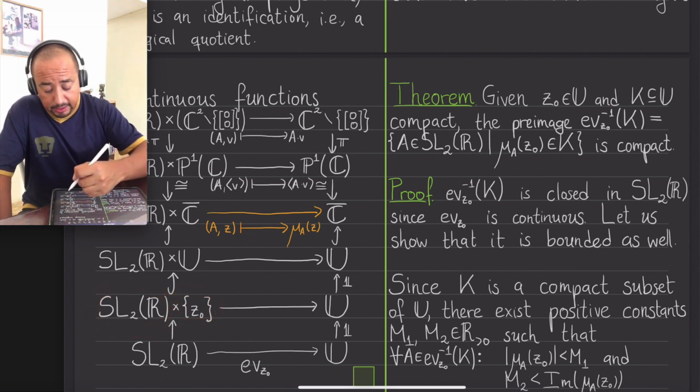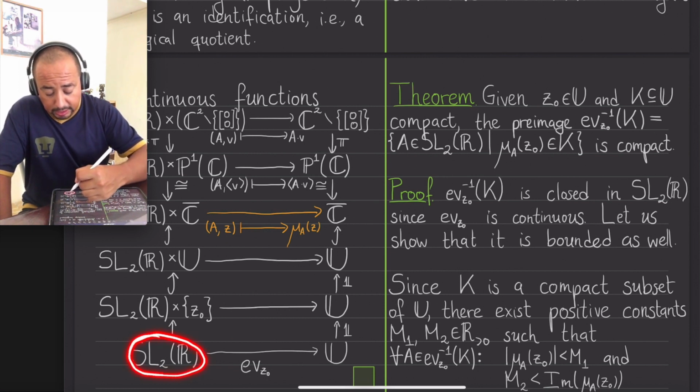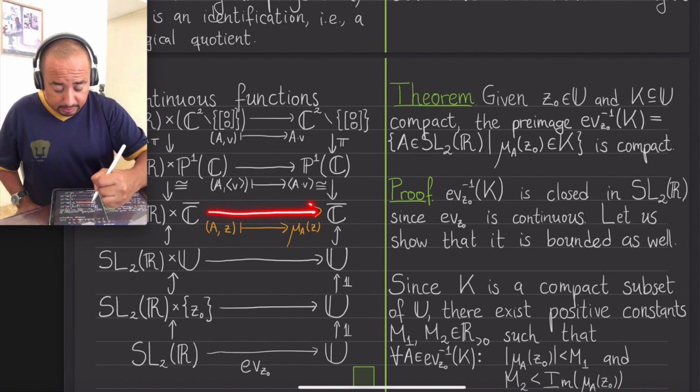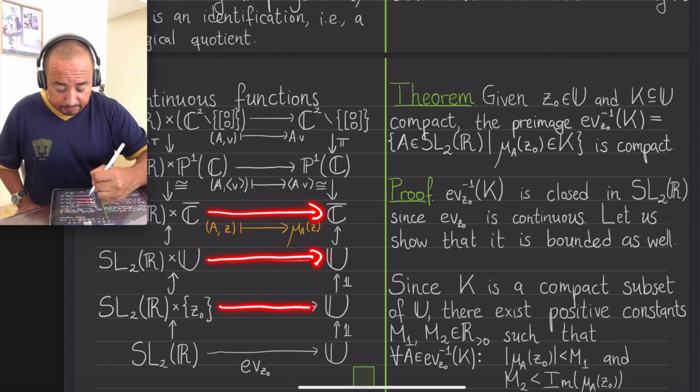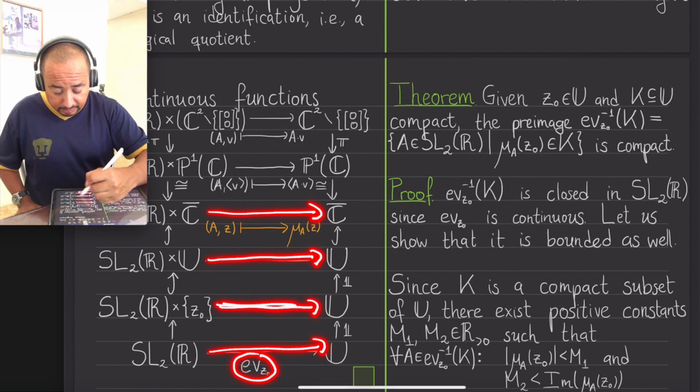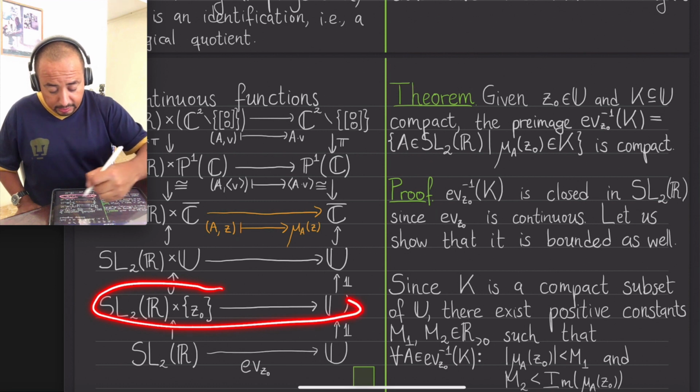Okay, and then I include SL2R in the first coordinate of this decoration. And then you see, since this one was continuous, this restriction is continuous, hence this restriction is continuous, hence the function I wanted is continuous because this one here, what does it do?